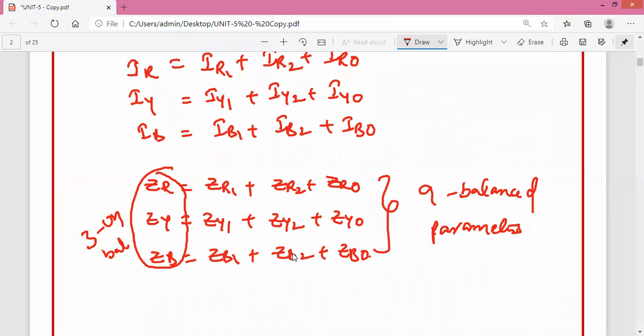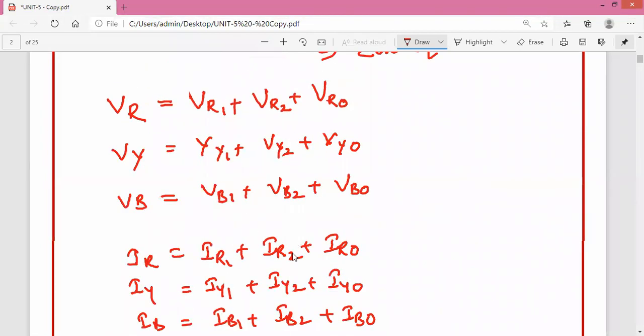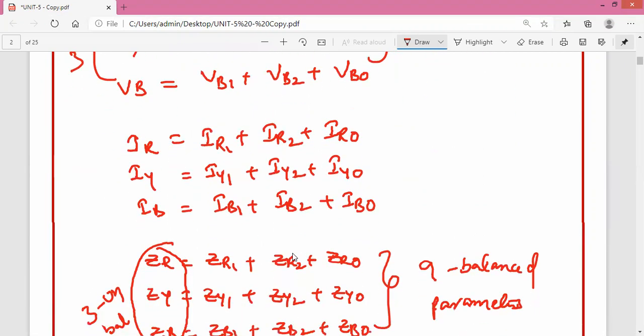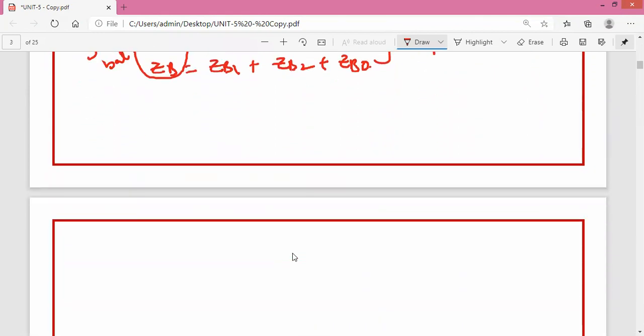So any three unbalanced parameters, you can take current or voltage, are represented with a set of 9 balanced parameters. So this is another conclusion from this side: three unbalanced parameters are represented by using 9 balanced parameters.